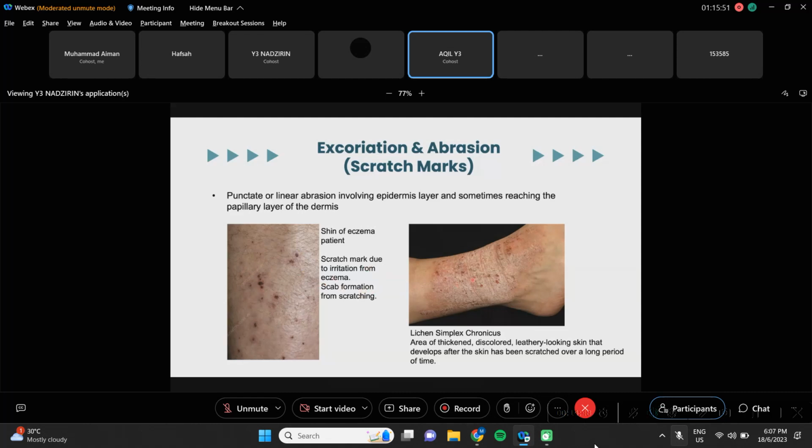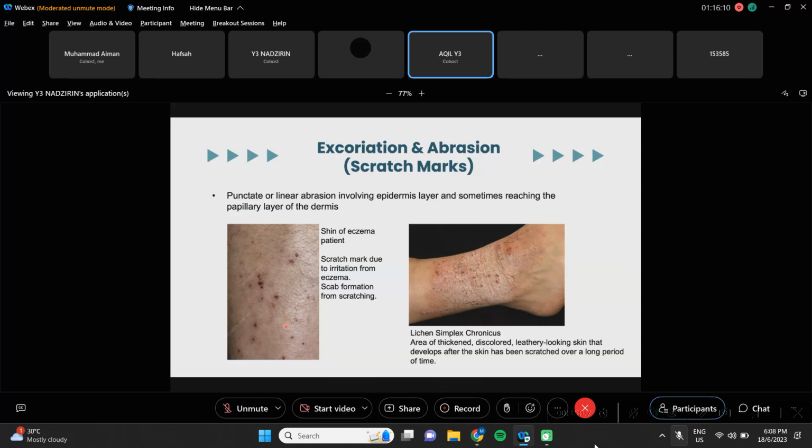The picture shows the skin of an eczema patient. We can see the scratch mark is due to the irritation from eczema, because eczema is itchy, the patient will scratch and it will cause scab formation from the scratching.